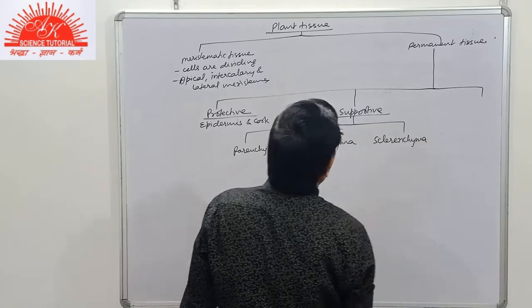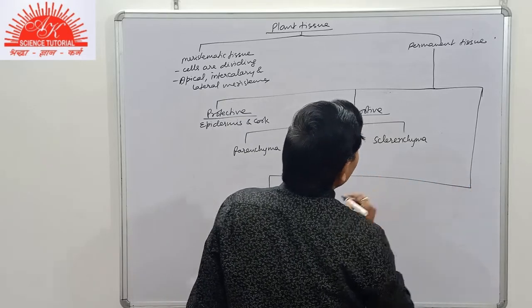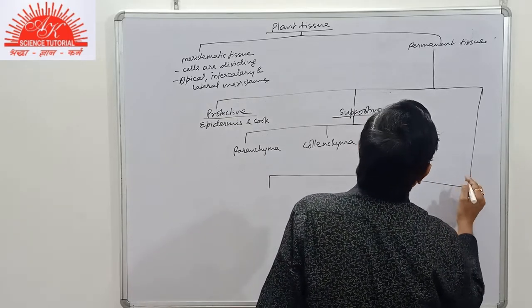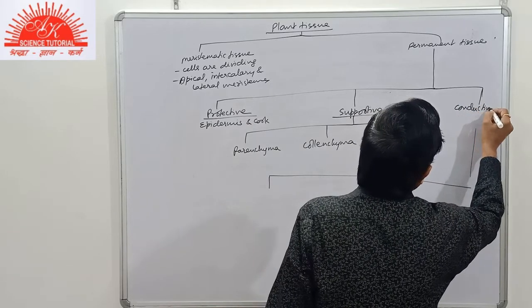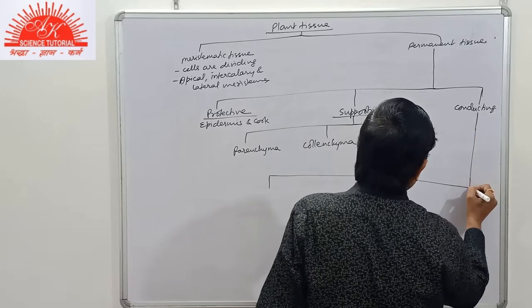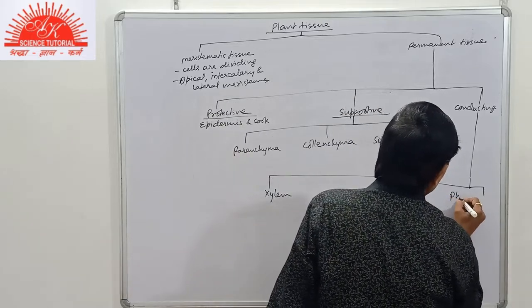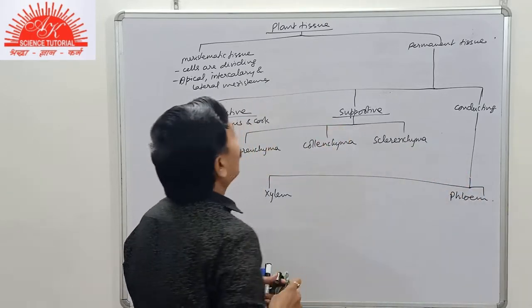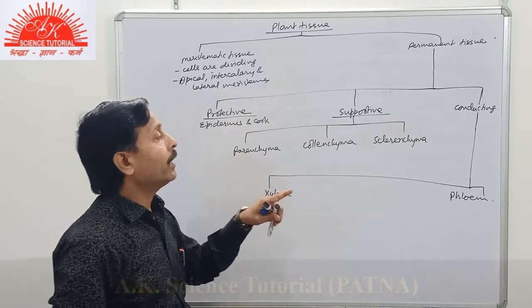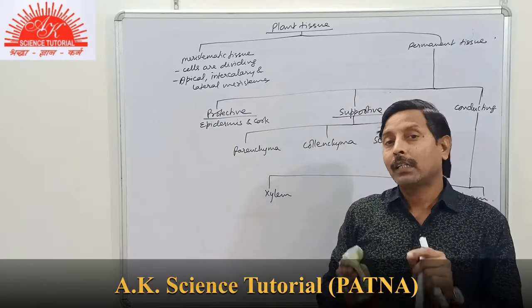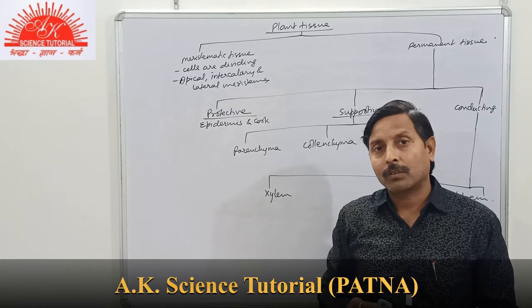Then next one was conducting, and it is of two types, xylem and phloem. So this is the summary of the plant tissue to be studied. So students, we have completed the description of the plant tissue. Now we will start with the animal tissue. Clear student?